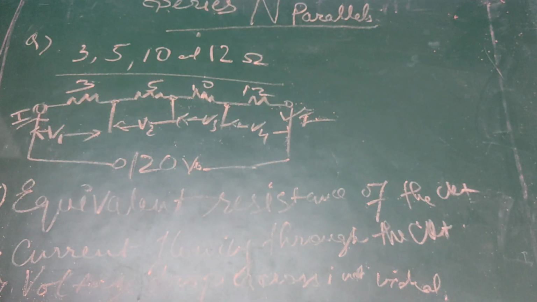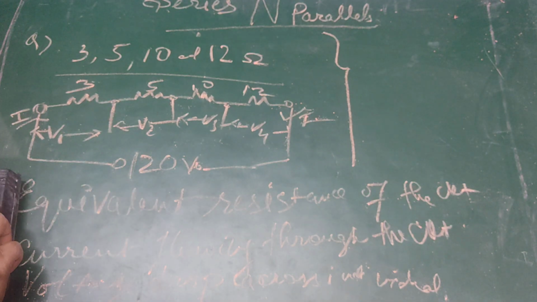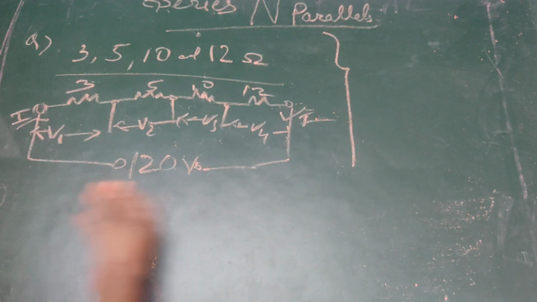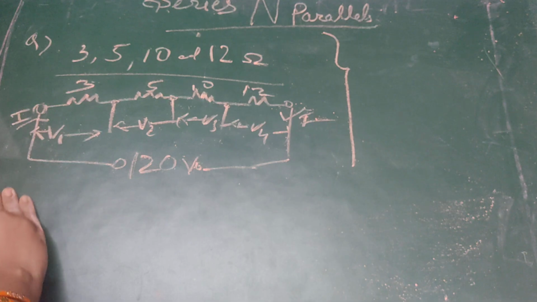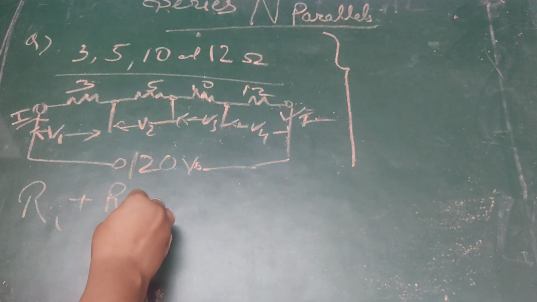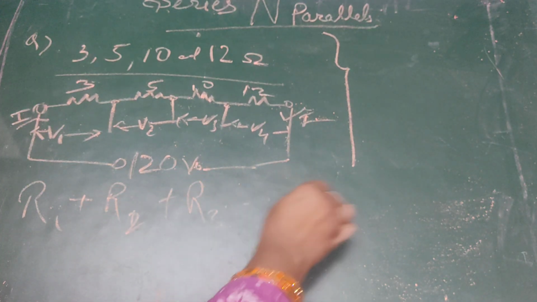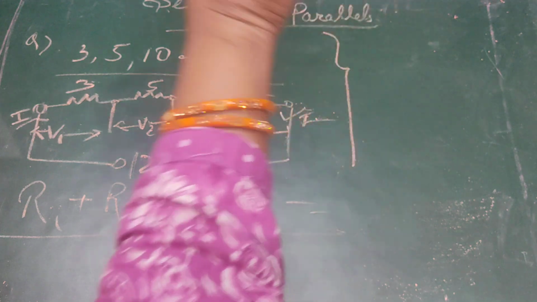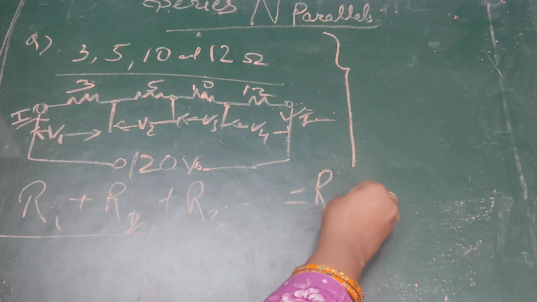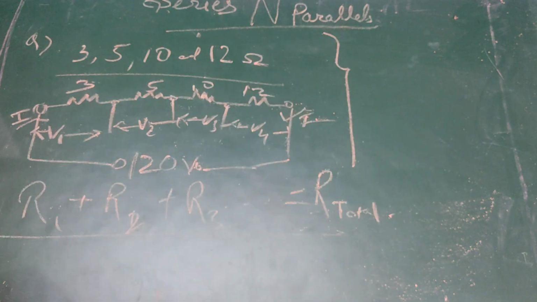So we all know the formulas for series and parallel. It's too simple. I am writing over here. For series we add as many resistors as they give, we add all those and we get our total resistance.